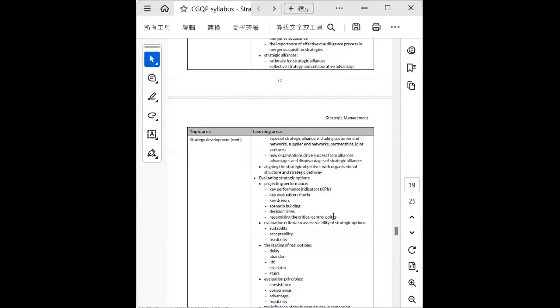You may be asked to design the KPIs for the company. Evaluating criteria assess the viability of the options, which includes suitability, acceptability, and feasibility.